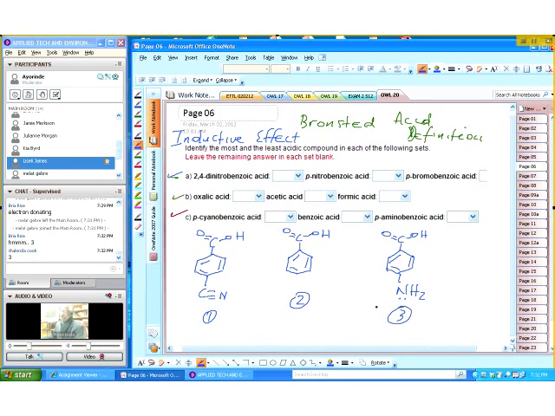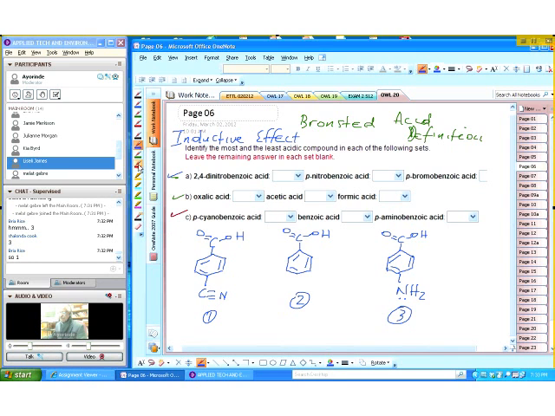Okay, keep in mind, the cyano group is very electron withdrawing. On the other hand, the amino group is electron donating. If you remember when we did aromatic chemistry, the amino is electron donating, the cyano is strongly electron withdrawing.